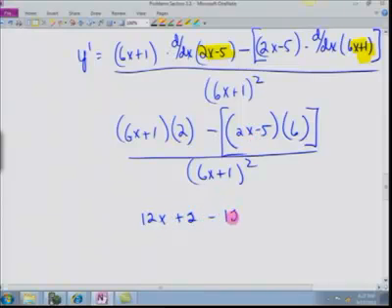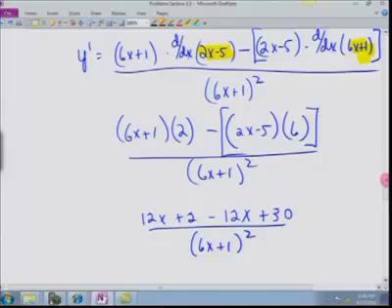This is 12x minus 30, sorry. And so then this minus affects that, so it'll be minus 12x plus 30. So we are changing the sign. Over 6x plus 1 squared.